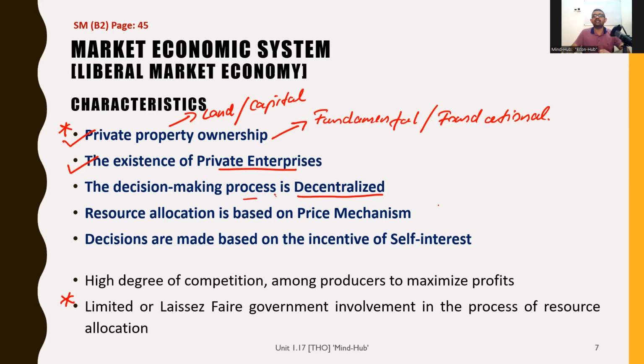Once we have decentralized decision making, we automatically get freedom of enterprise, or private enterprise, and we get something else known as freedom of choice. Because we have private property ownership and decentralized decision making.